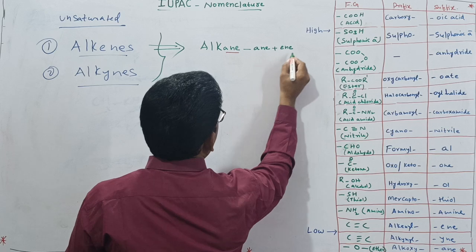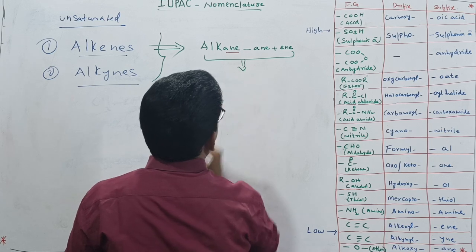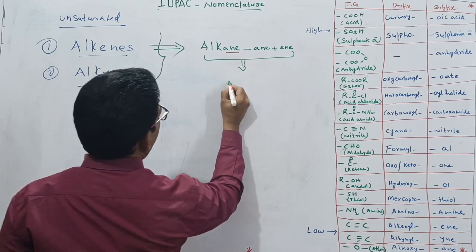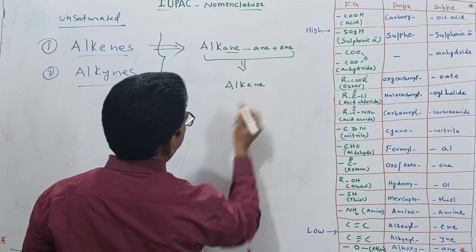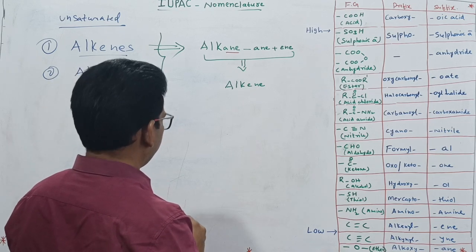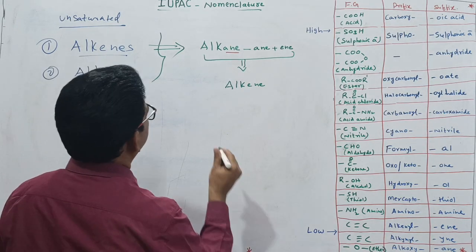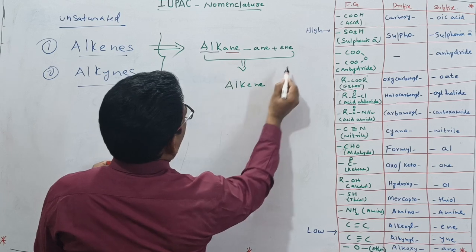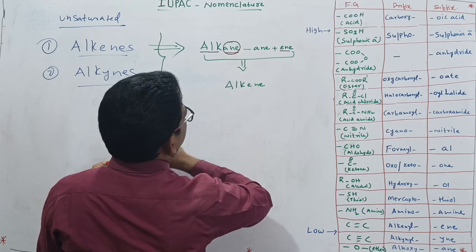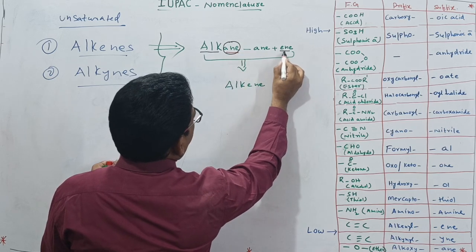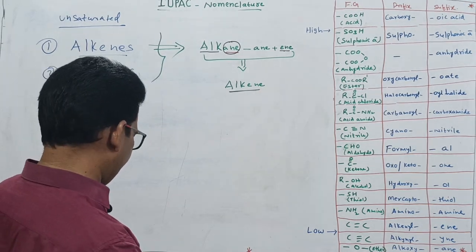Then what will it become? Minus ane plus ene is equal to what? Alkene. What are we choosing here in this case? Alk plus ene, because here minus ane, we are removing this ane. Ane is replaced with what? Ene. That's why it is called alkene.